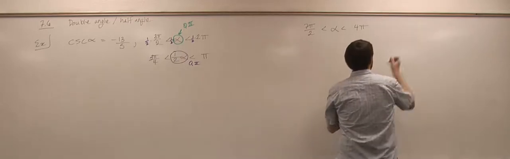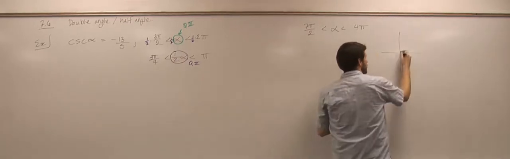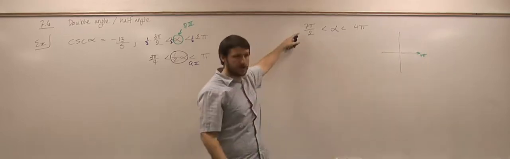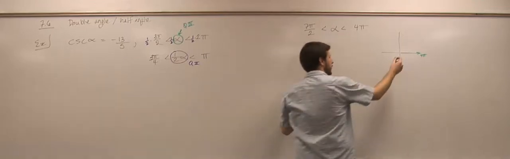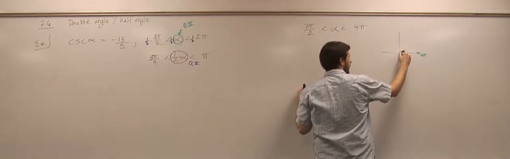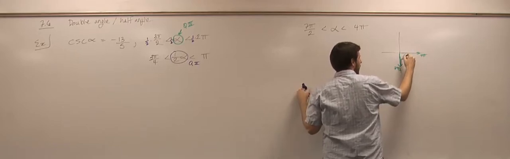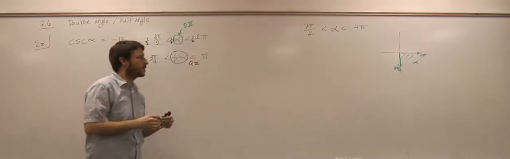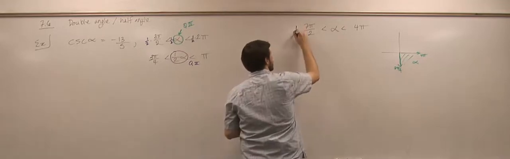In the same quadrant. So 4 pi is 2 full revolutions, and 7 pi over 2 is 3.5 pi. So 3 pi is here, 3.5 pi is here. So alpha lands here in this description. What happens if you hit everything with a half?